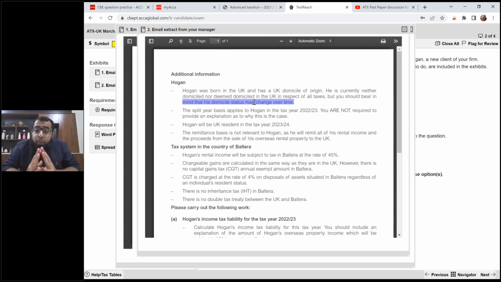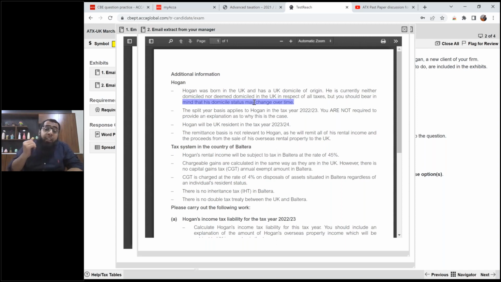Now, you all should remember that if you have the domicile of origin, you can come into the rules of deemed domicile. In deemed domicile, we call them the formerly resident rules. I hope you all remember that.